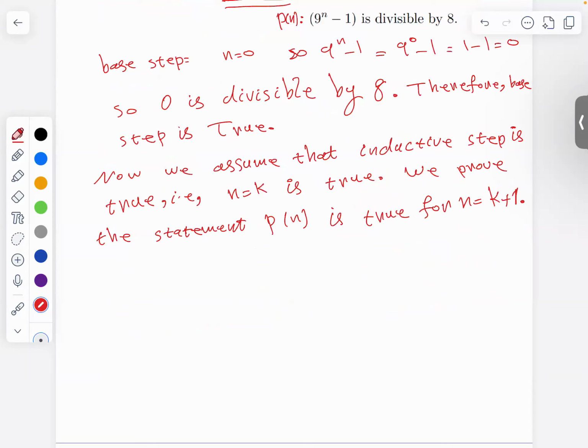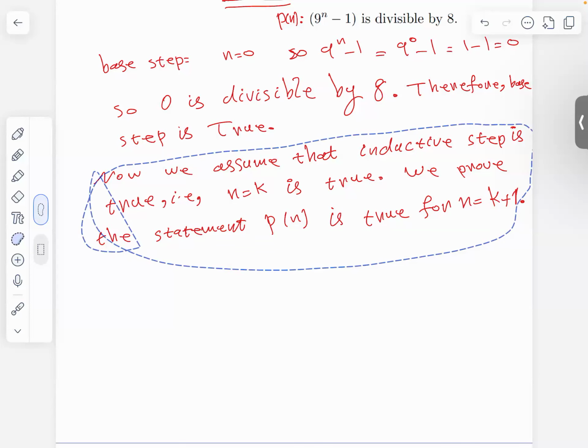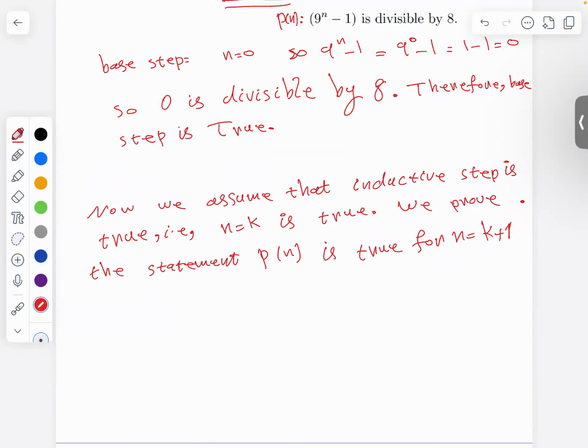All right, inductive. So it's better to write neatly. So I write inductive step.